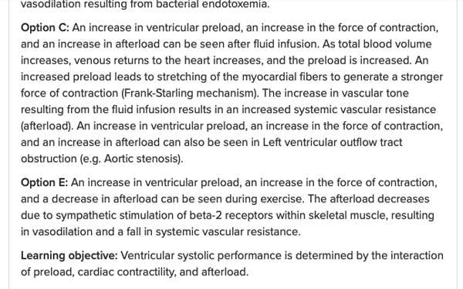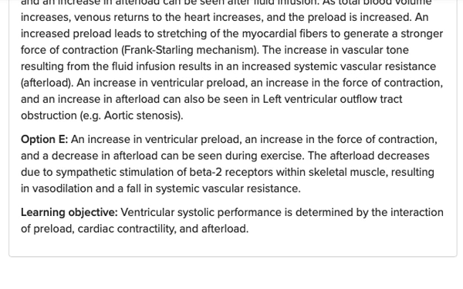The increase in vascular tone resulting from the fluid infusion results in an increased systemic vascular resistance, or afterload. This pattern can also be seen in left ventricular outflow tract obstruction, for example, aortic stenosis.